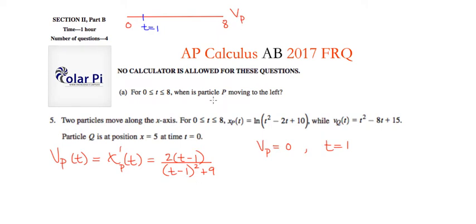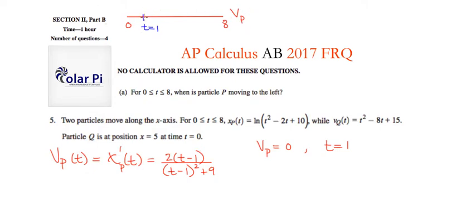I chose to rewrite this quadratic in its vertex form, because in that form we can easily see that the smallest value of the quadratic is 9. That is, this quadratic is never 0 or negative. That's important, because next in this number line we decide on what intervals the velocity of particle P is positive and negative.